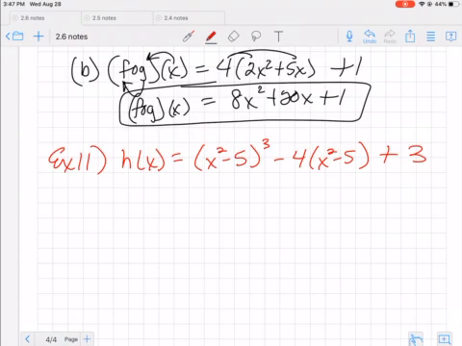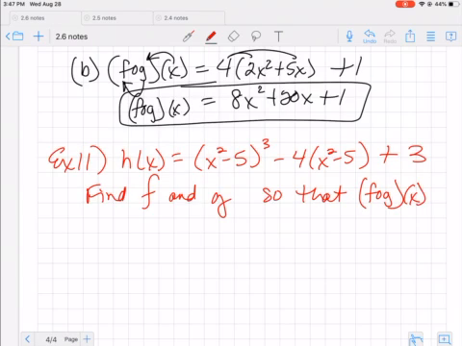I want to split this up. Find the function f and g so that f of g of x is equal to h of x. So basically, instead of putting these together, I'm splitting them back up.